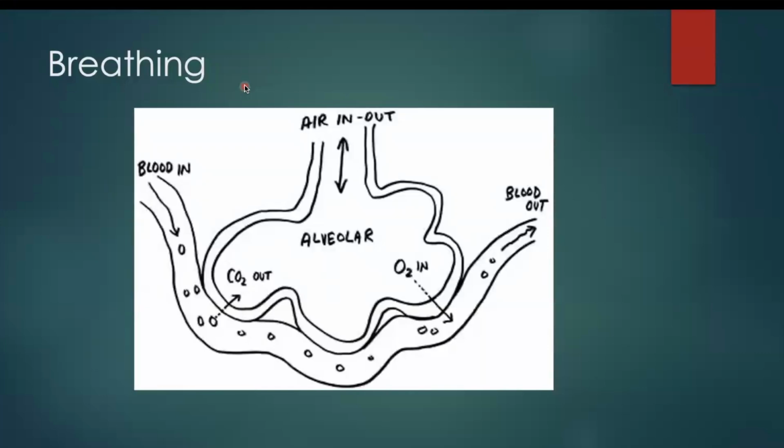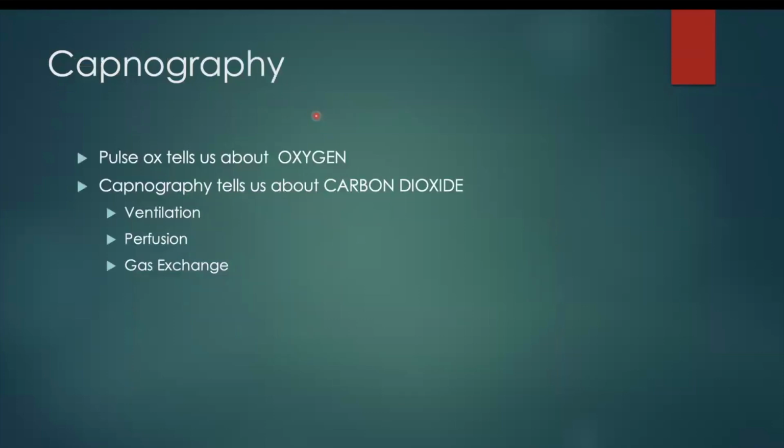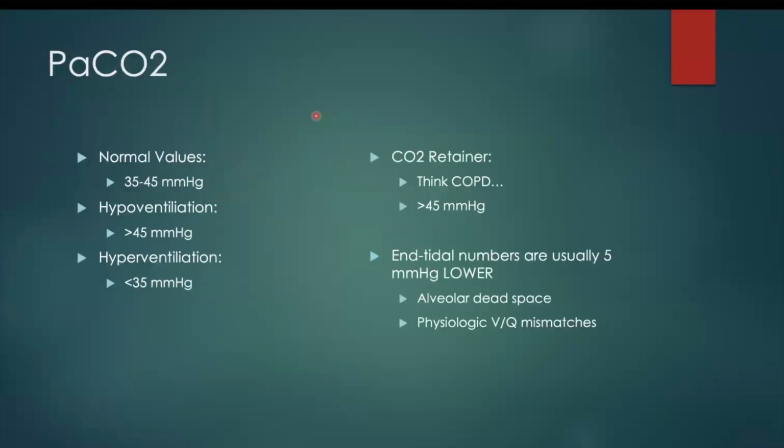And that tells us about not only how that gas is being exchanged, but to what extent. So it can tell us about how their airway is, but it can also tell us about how good their perfusion is. So again, the pulse ox tells us about the oxygen. The capnography is going to tell us about that carbon dioxide.